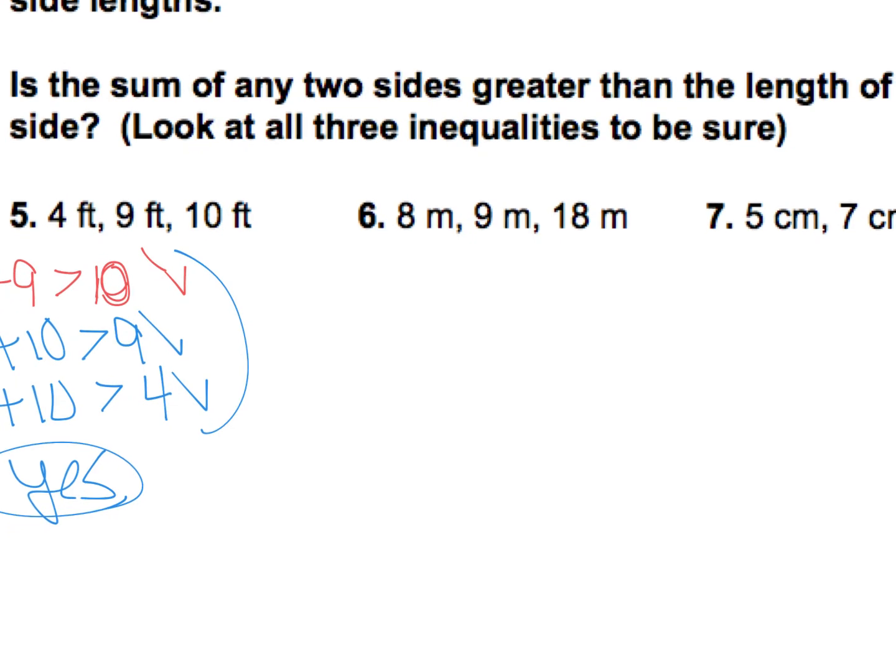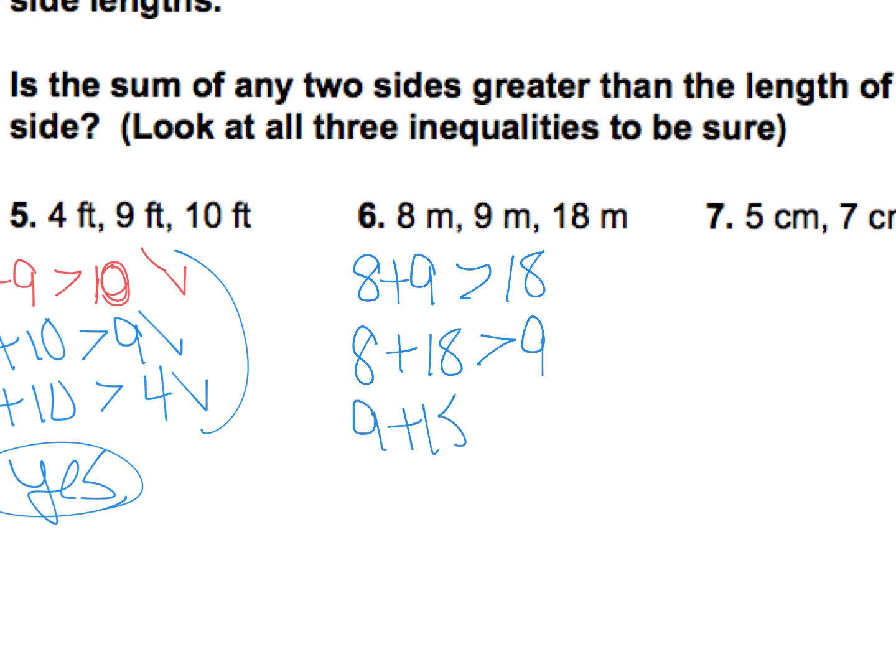Okay, the second one here in the middle, I have 8, 9, and 18. All right, so I have 8 plus 9 has to be greater than 18. 8 plus 18 has to be greater than 9. And 9 plus 18 has to be greater than 8.